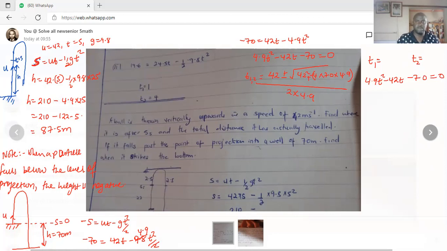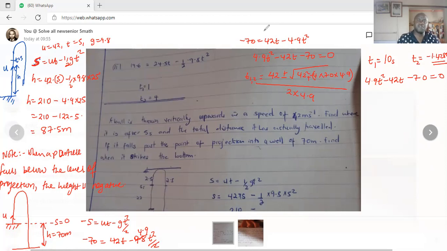The first one is 10. Exactly. Yes. Okay, the second one. Negative 1.4286. That's why I wanted this.